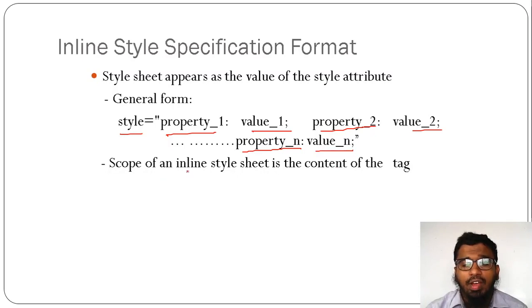Okay, the scope of an inline style sheet is the content of the tag. So this is the syntax of the inline style. Style equals property 1 colon value 1. If you want more properties, then you need to use the semicolon, otherwise there is no need of a semicolon if you have only one property.